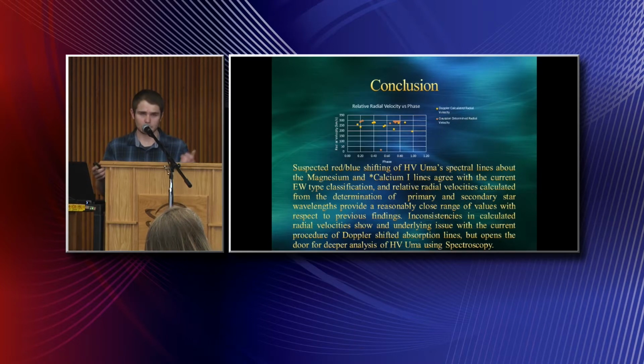The brighter of the two points are the values that we found, while the darker orange correspond to Sack's values. There are some inconsistencies with the values, but we're quite happy with how it turned out, and this moderate success gives us hope for further analysis of this very unique binary system.